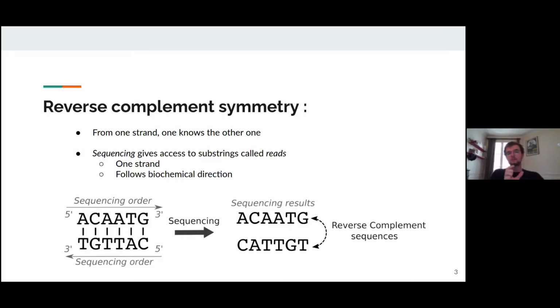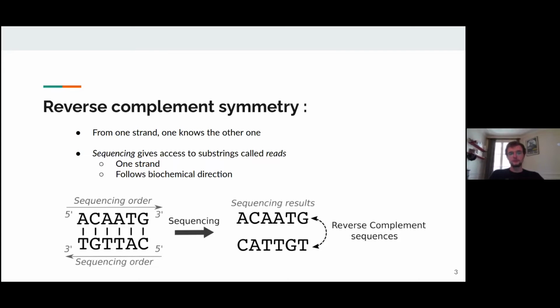And these reads always give you information on one of the two strands. The sequencing relies on a biological phenomenon, and so it follows a biochemical direction called 5' to 3', based on the direction in which the polymerization happens in DNA.